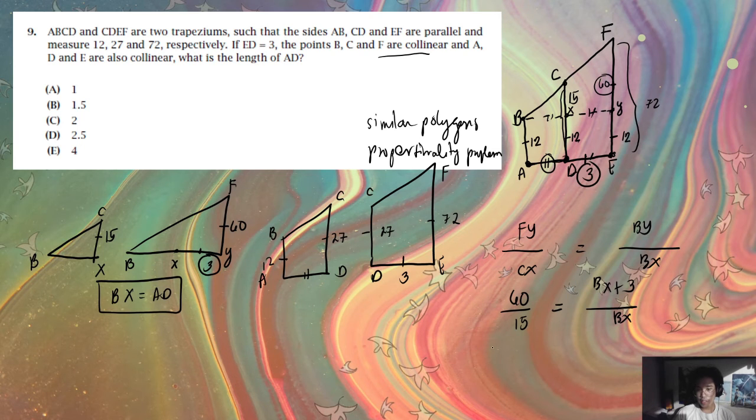So this is going to give us 60 times BX is equal to 15 times BX plus 3, and that should give us 60 BX is equal to 15 BX plus 45. So therefore 60 BX minus 15 BX is equal to 45, which gives us 45 BX is equal to 45.